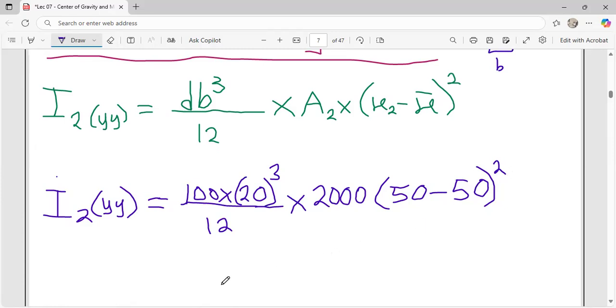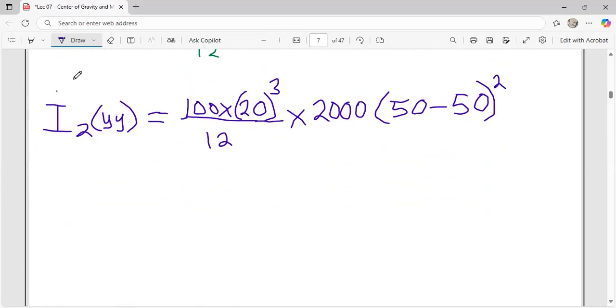So after punching this on the calculator, you realize that we are going to get what? We are going to be getting this answer.